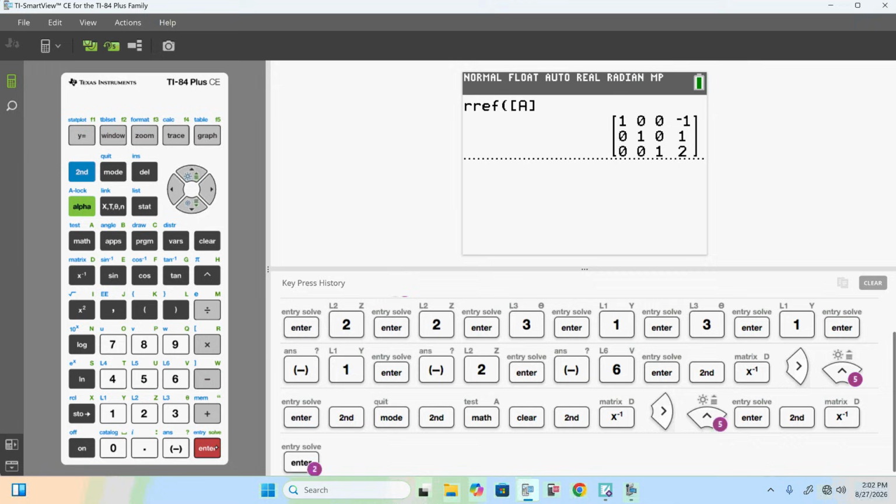Let's see. Matrix. 1, 1, 2, 2, 3, 1, 3, 1, -1, -2.